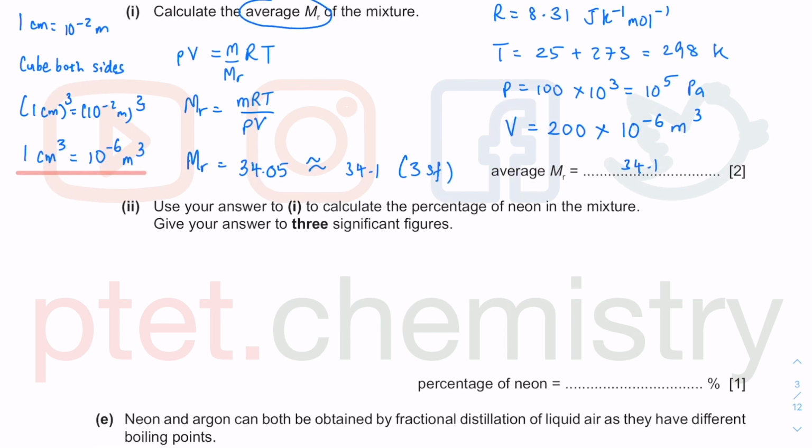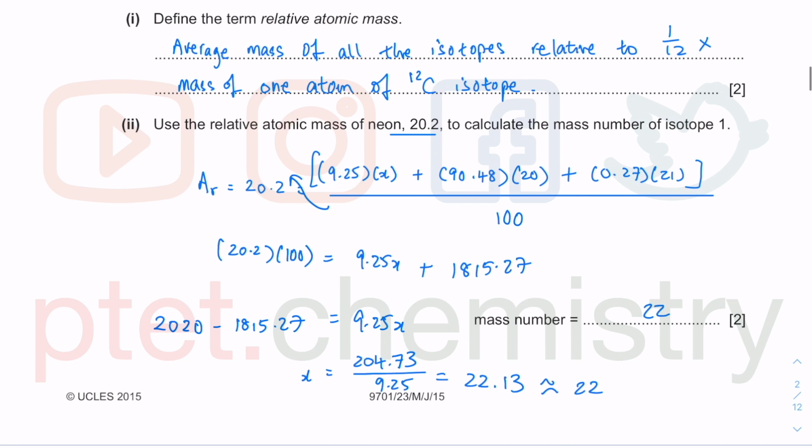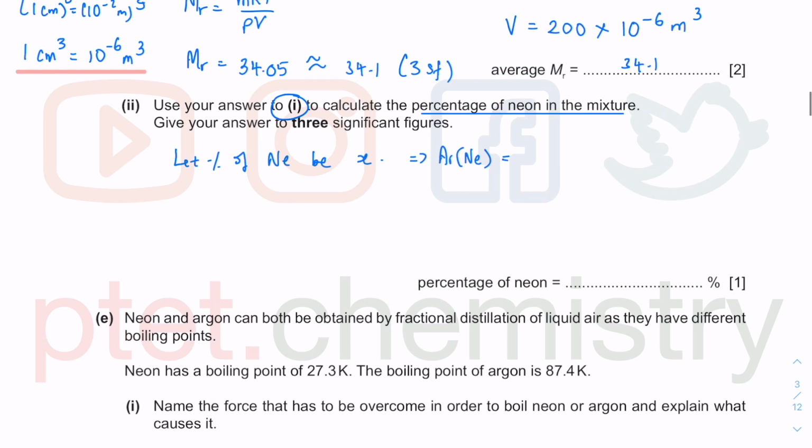Now the next thing: what is the percentage of neon in the mixture? Use your answer to 1. What is the percentage of neon in the mixture? So let the percentage of neon be X, let's say. And then we know the relative atomic mass of neon was 20.2, so that's 20.2 from the previous question.